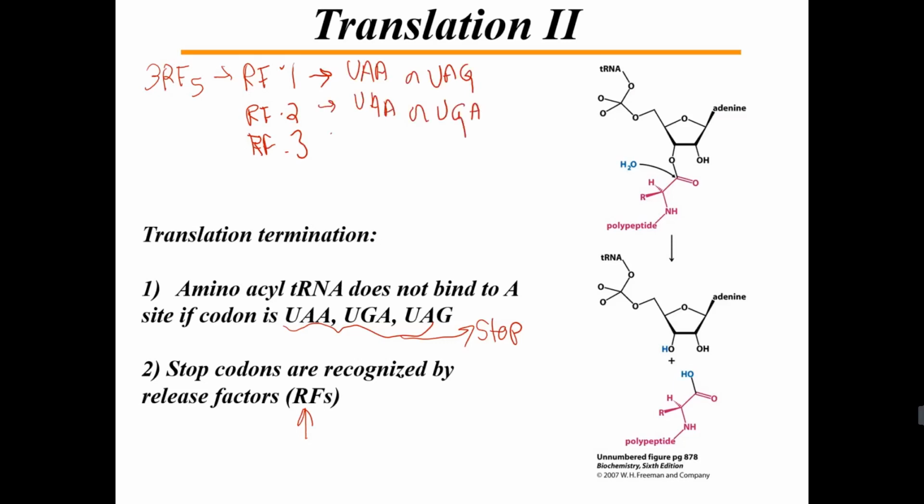And RF3 just mediates interactions between RF1 or RF2, depending on which one is bound, and the ribosome.